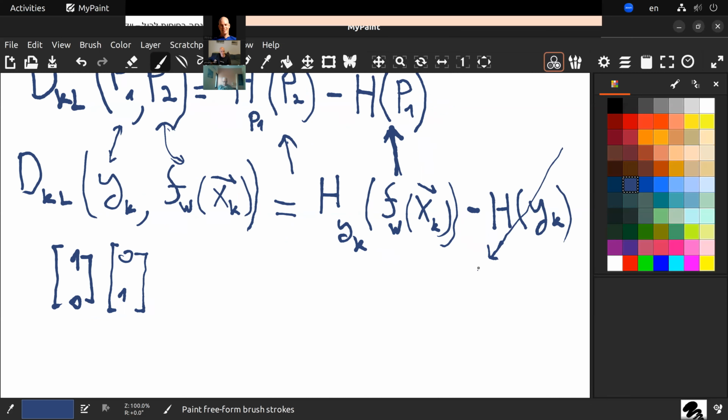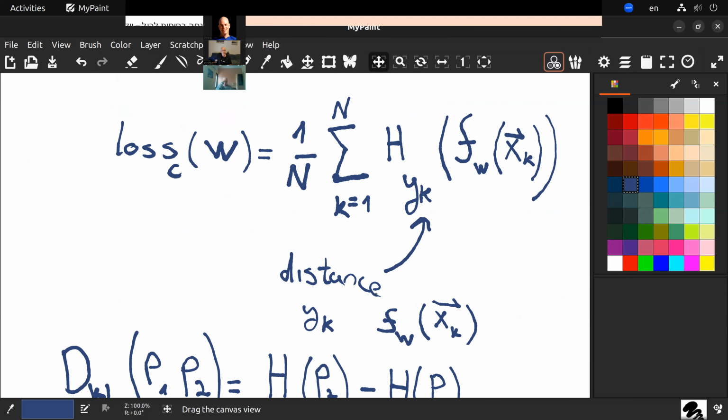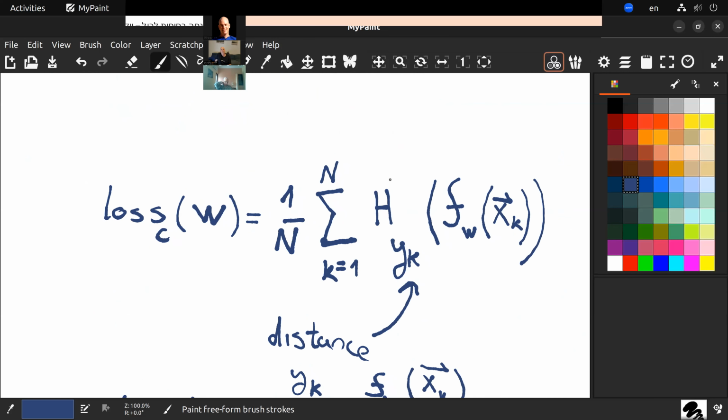Yes. Okay, so if we look back on our definition of loss function, we could have written here DKL of YK, it would have been the same.